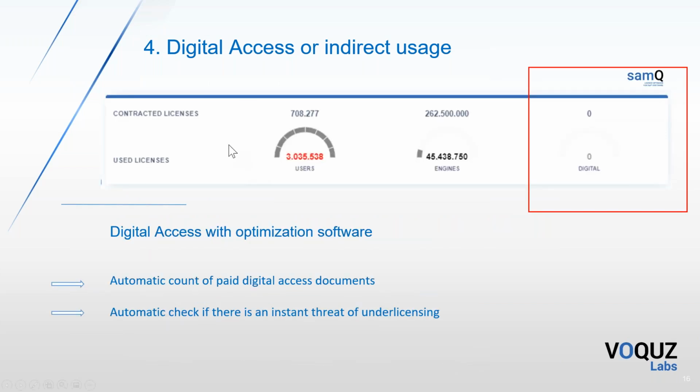Okay, so digital access or indirect usage. We have several aspects here. Now, SAP mostly recommends, when they send you an audit requirement letter, to install the SAP notes to do the estimation report for digital access.